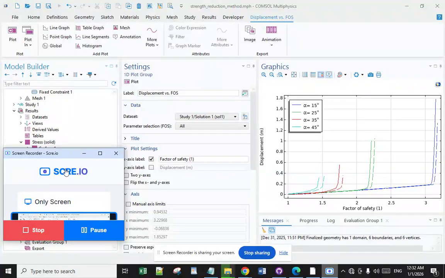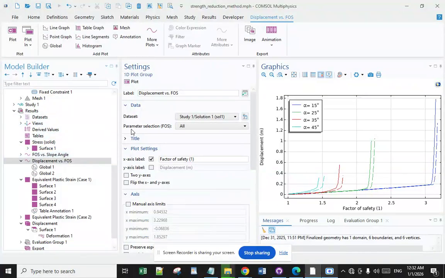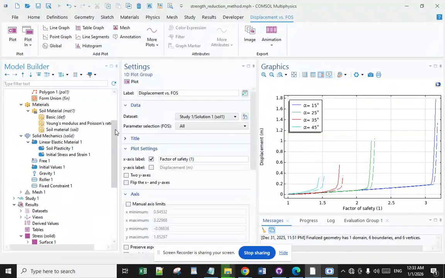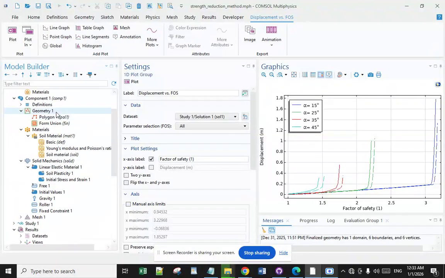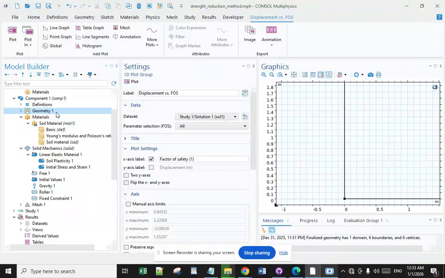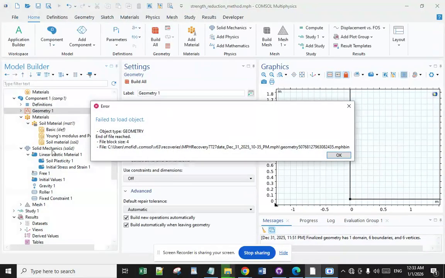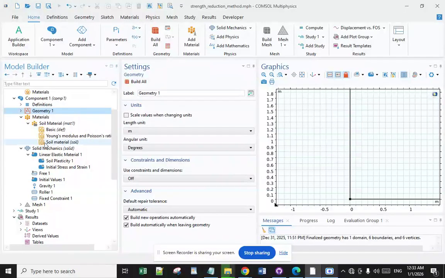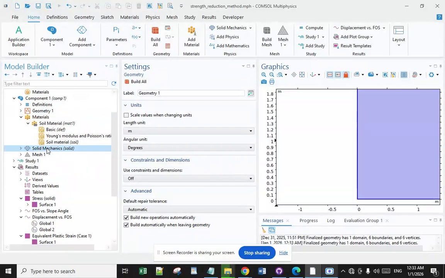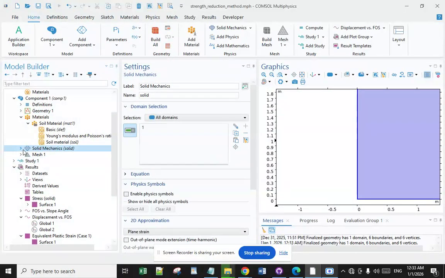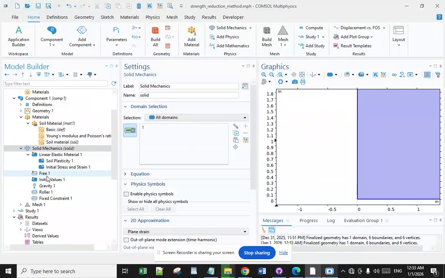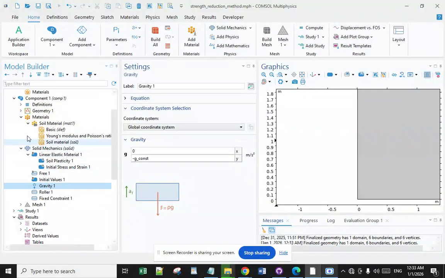And here we can see the components. We have used a geometry of a two-dimensional dam, and the physical model that we have used is solid mechanics to assign the force, gravity, and the specific material is a soil material with a specific Young's modulus and Poisson ratio, and the soil material specification.